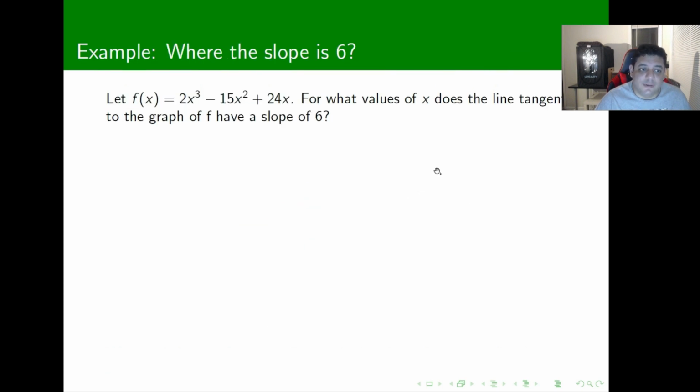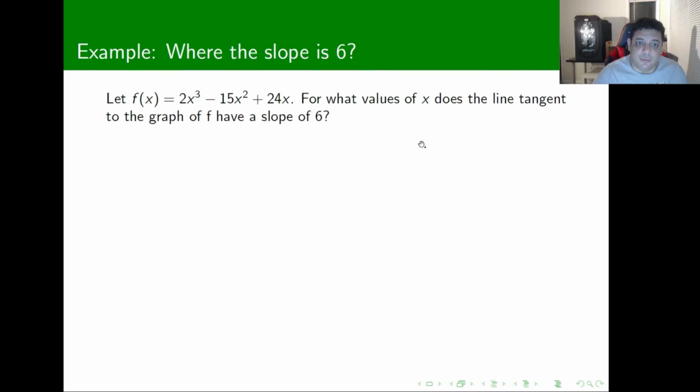Now let's do another example and use a little bit more involved function. Let's use a polynomial function. With f of x equals x cubed minus 15x squared plus 24x, we want to know what values of x make the tangent line have a slope of 6.